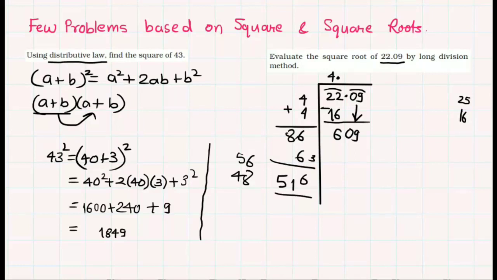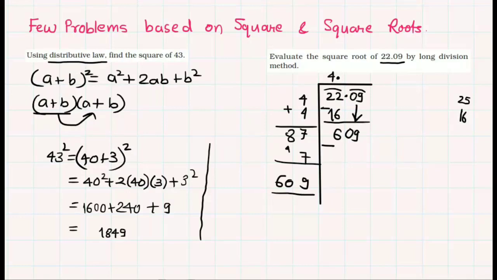Now let's check for 7. 7 sevens are 49. 7 eights are 56 plus 4, 60. Very good. 609 equal to.